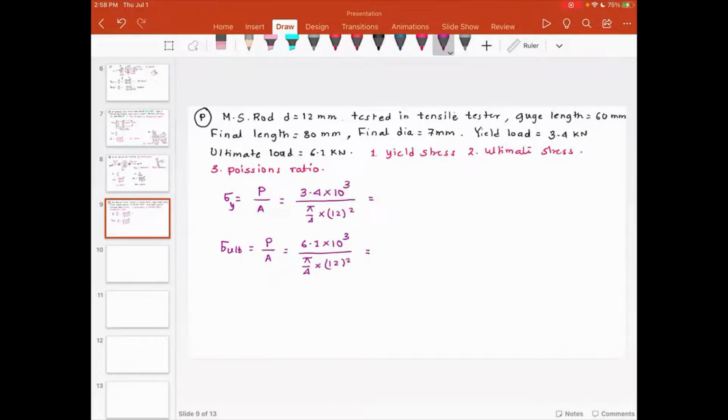So this is 30 Newton per millimeter square. This is 54 Newton per millimeter square.